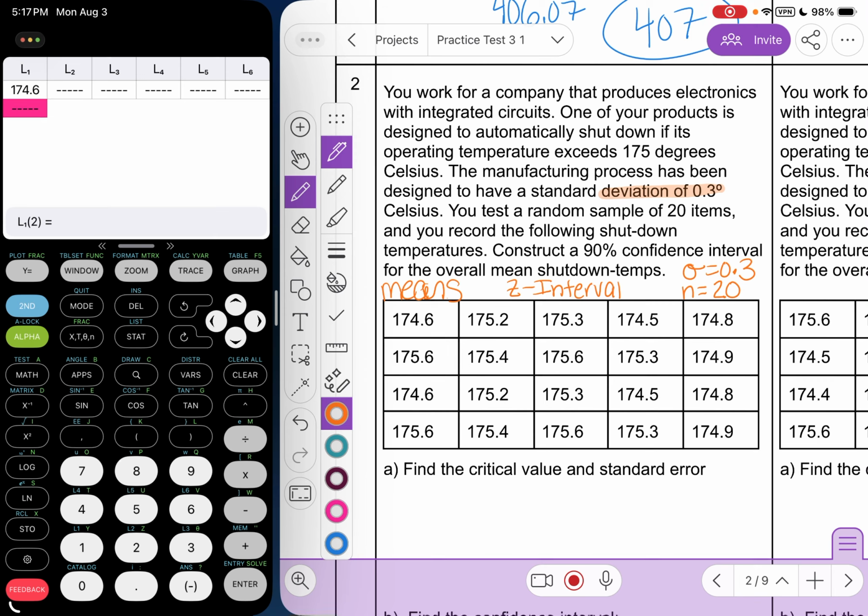So 174.6, 175.6, 174.6. A lot of these are the same, so I'm going to mark them as I put them in and double check.